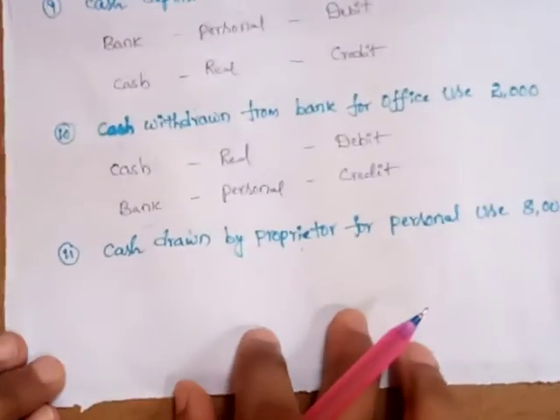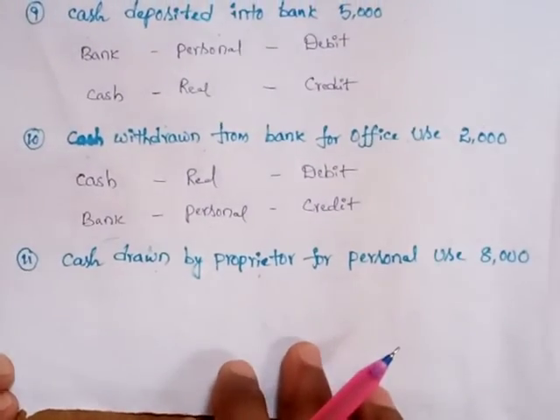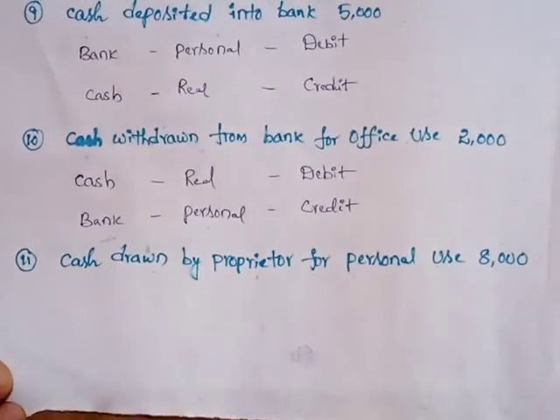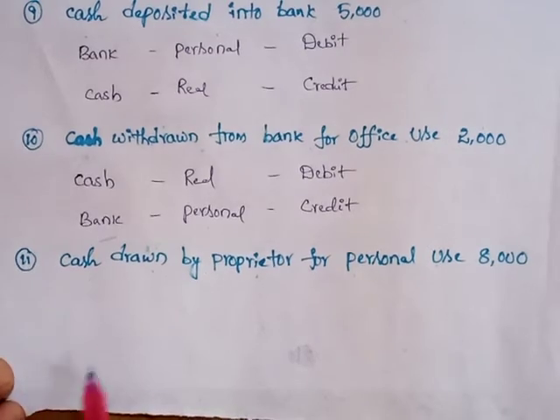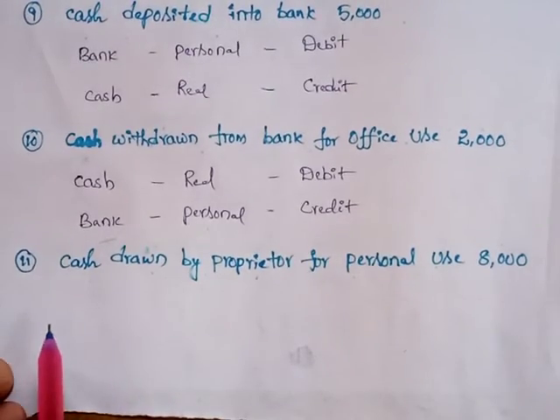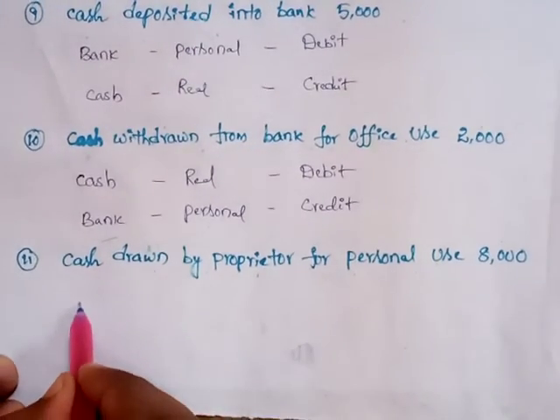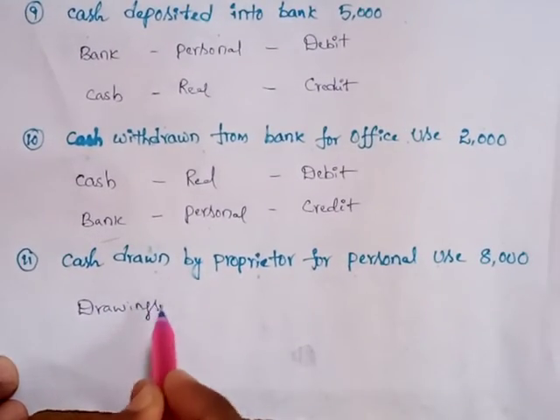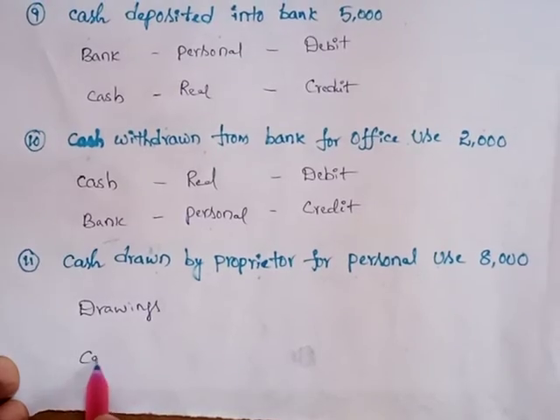Next and last transaction, cash drawn by proprietor for personal use. In this transaction two aspects are involved. Those are drawings, second one is cash.